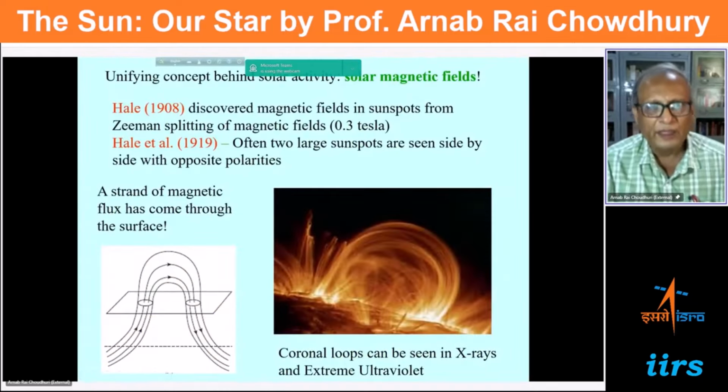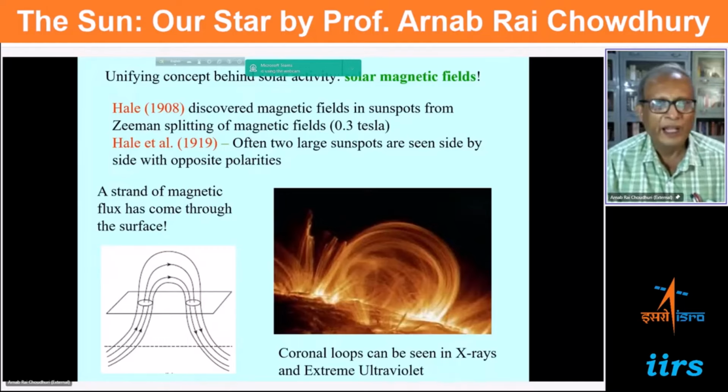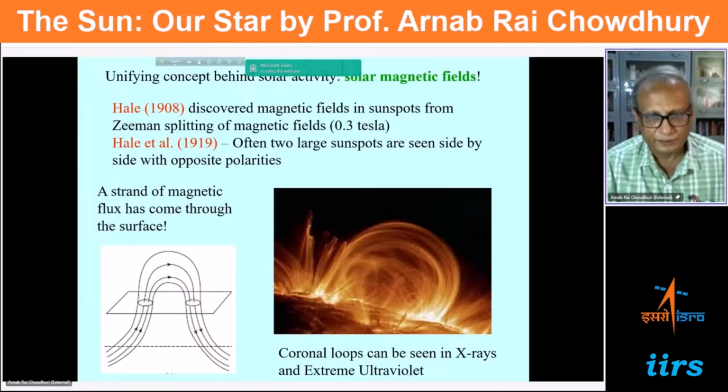So when solar astronomers first started studying solar activity, it was initially thought that different manifestations of solar activity are completely unrelated phenomena. Maybe astronomers thought that the solar corona has nothing to do with sunspots.